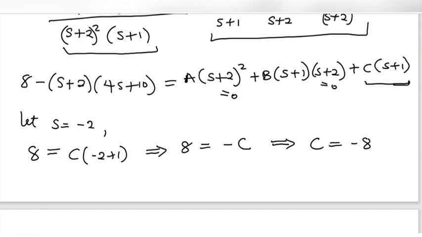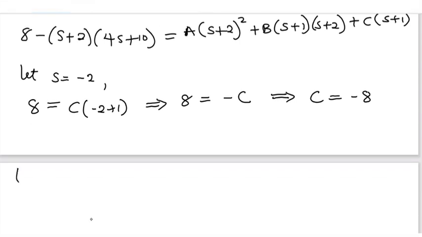Okay, so the next thing we're going to do is say let s be equal to -1. If we do so, what we'll have here is simply 8 minus (-1 plus 2), which is 1, times (4 times -1 plus 10), which is 6.